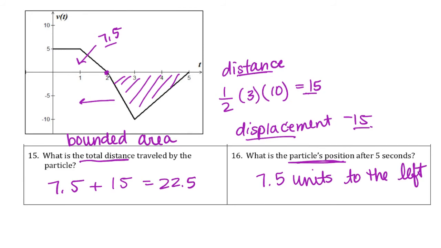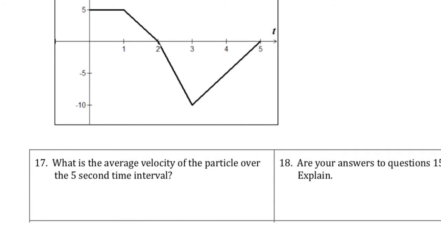Okay, moving on. Number 17 wants to know what is the average velocity of the particle over the 5-second time interval. So average velocity, again, that's talking about an AROC. We were talking about the difference in the positions. So we just got finished looking at displacement. So it's really going to be displacement over your time. So let's look at this and see if we can figure out our displacement.